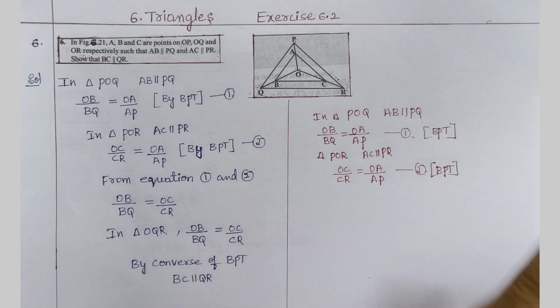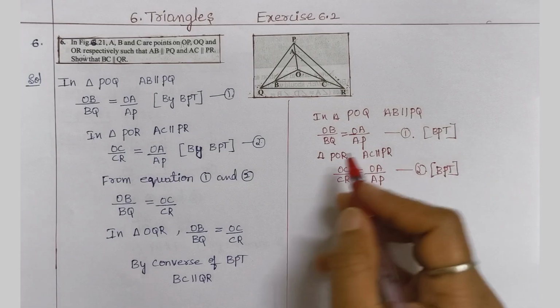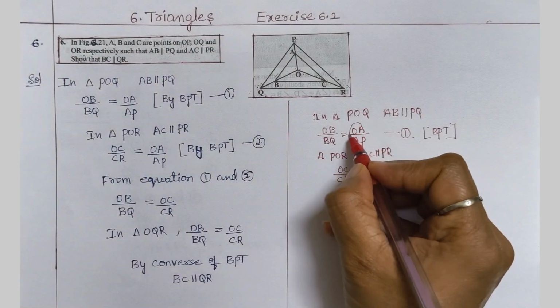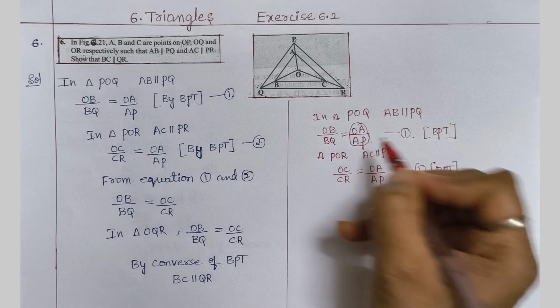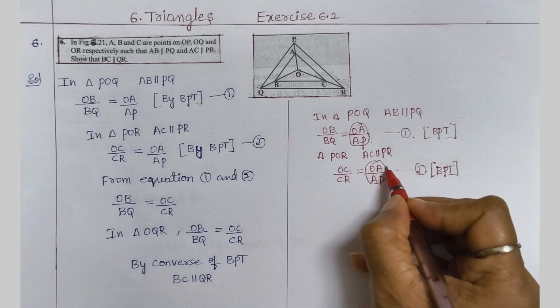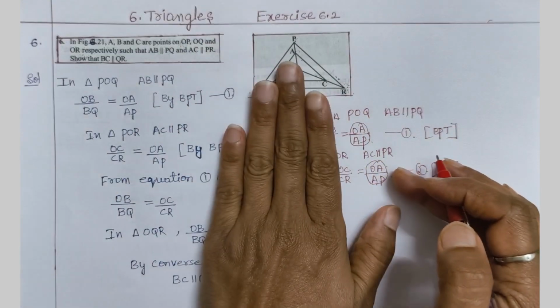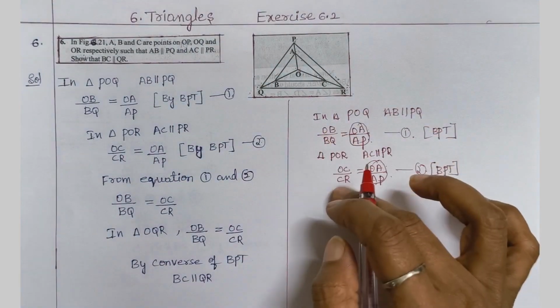Now, these two equations came. After coming, you observe here, what is there? See here, on the right hand side, OA by AP is there. This one also, OA by AP is there. So, right hand side equal means automatically left hand side also equal.